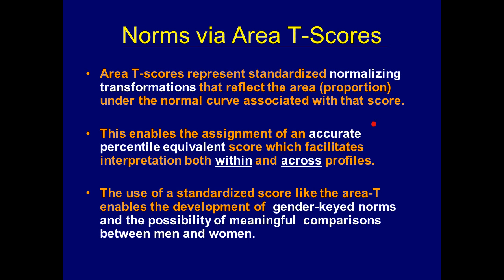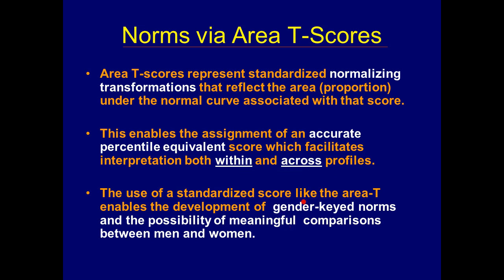This enables the assignment of an accurate percentile equivalent, which is really important when you're communicating with patients and patient families, because all of the Z's, T's, and so on are very esoteric. But percentiles, almost everyone understands. And again, they facilitate interpretation both within and across profile.